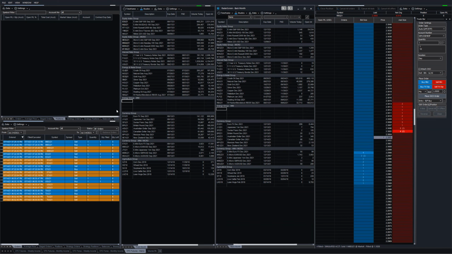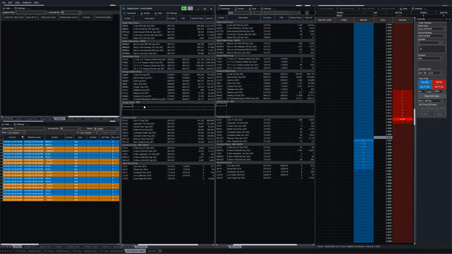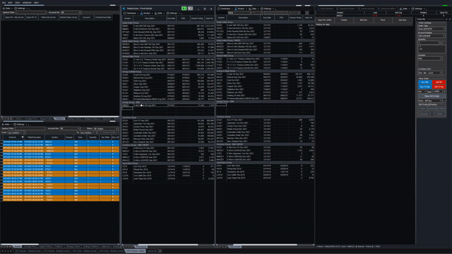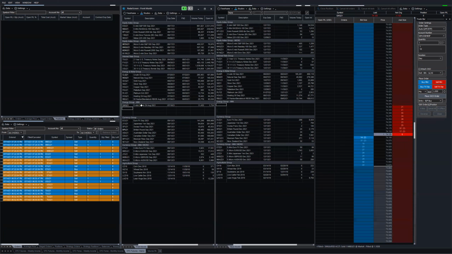Crude oil, it's always QM, right? The symbol is going to be the same. The contract month, but the symbol itself is QM. The contract month obviously the same, August 21. Natural gas is QN, Q21.